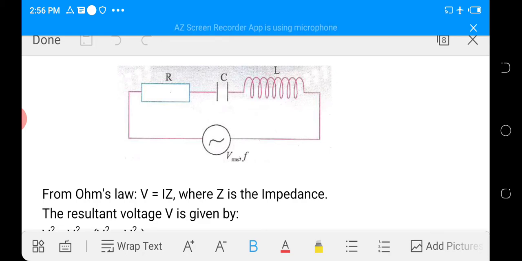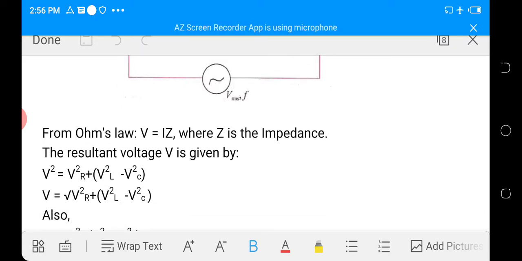Impedance is defined as the opposition to the flow of current in an AC circuit containing a resistor and any one of the other two, or all the three combined together. From Ohm's law, V is equal to IZ, where Z is the impedance.